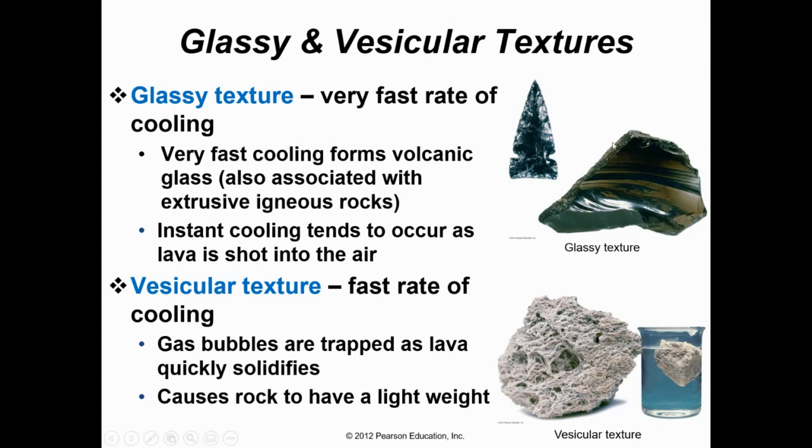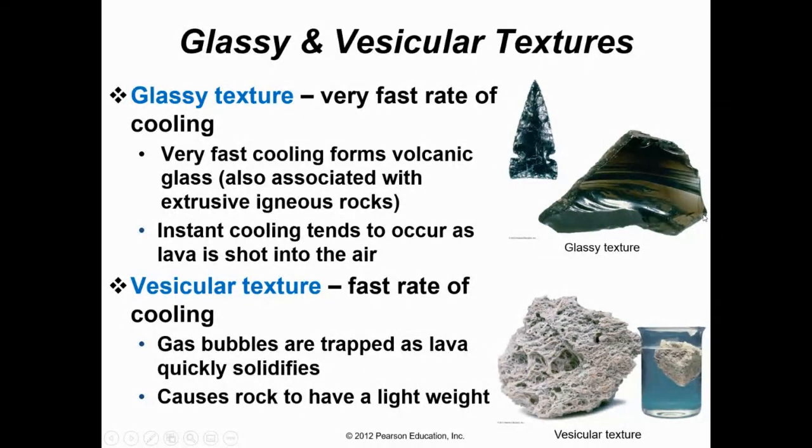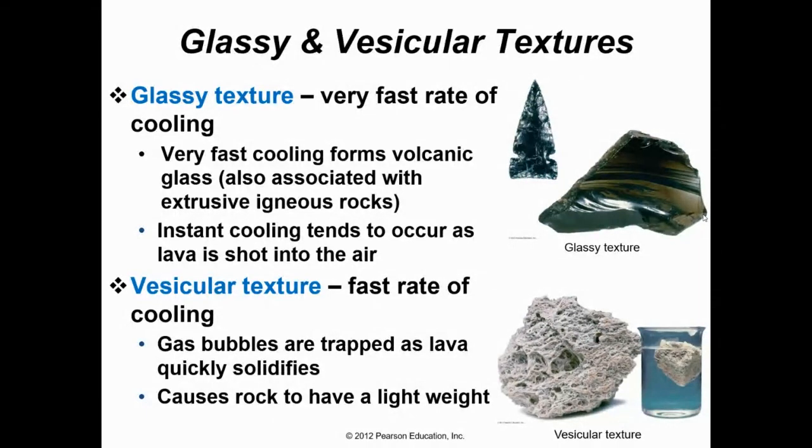And so when you look at a glassy texture here, what you're actually seeing is literally glass, because this is how glass is formed. Okay, glass is just made up of silicon dioxide, just like the silicate minerals are. Okay, and so basically that is to say, glass is essentially quartz, the mineral quartz.